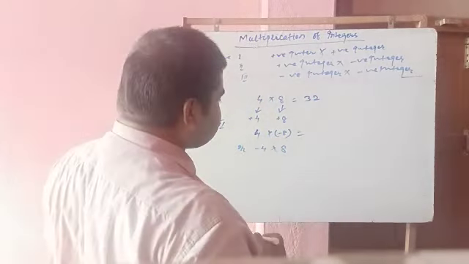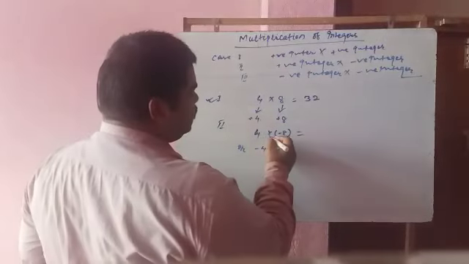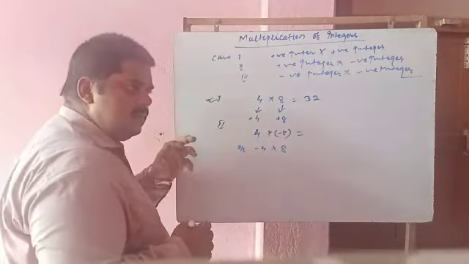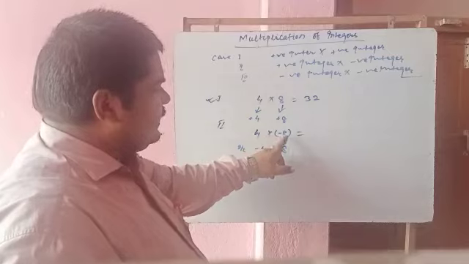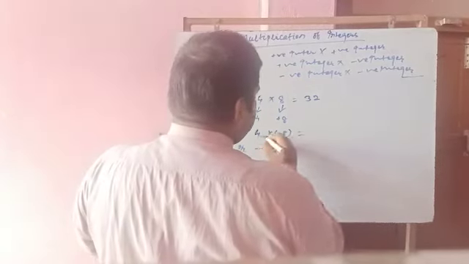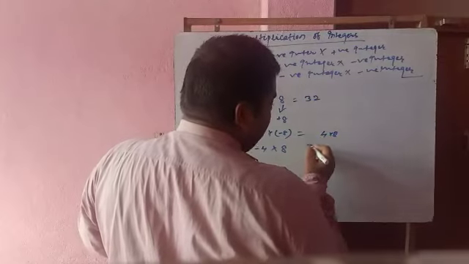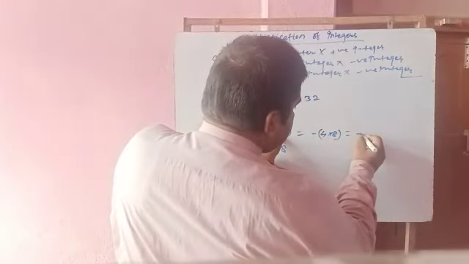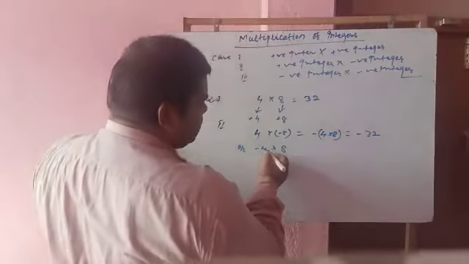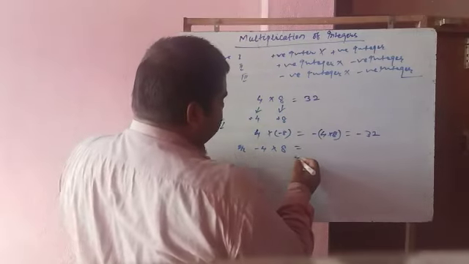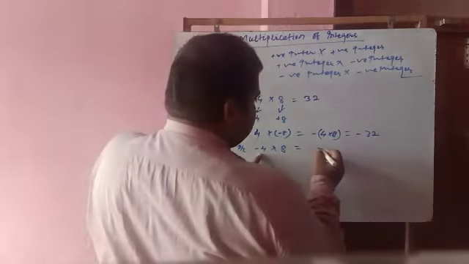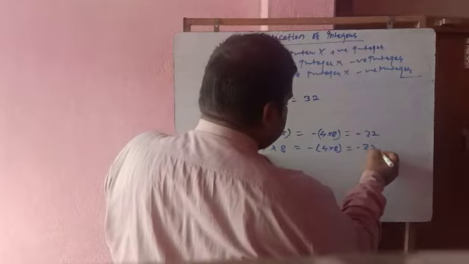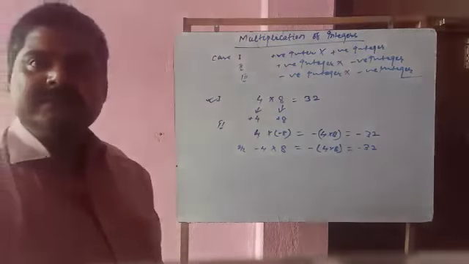When opposite signs are given, you multiply the absolute values, 4 into 8, and put a negative sign before it. The final answer is minus 32 in both cases.